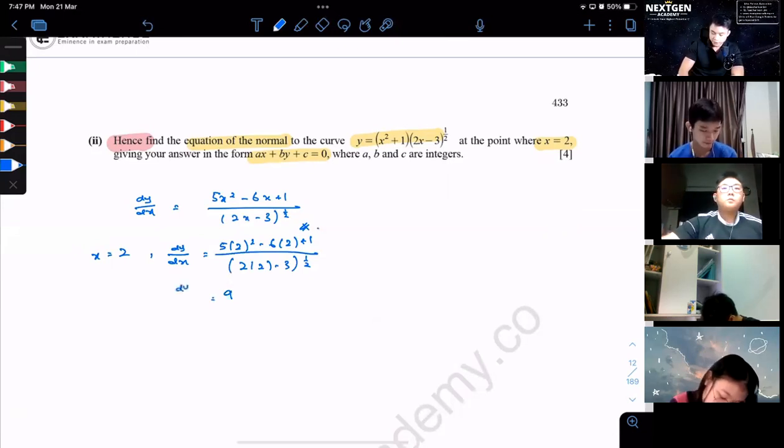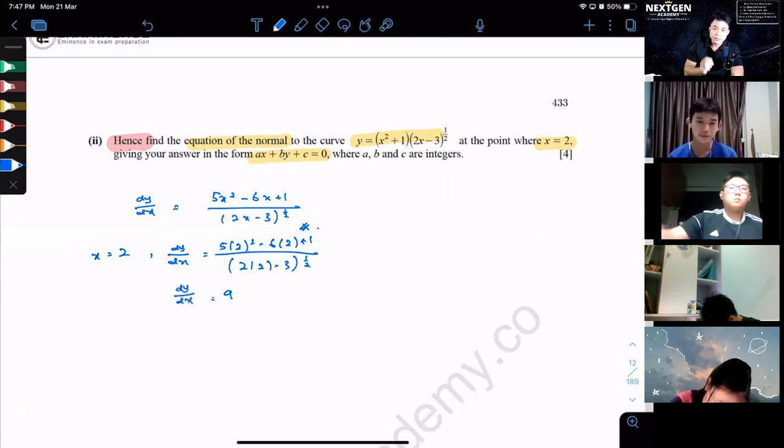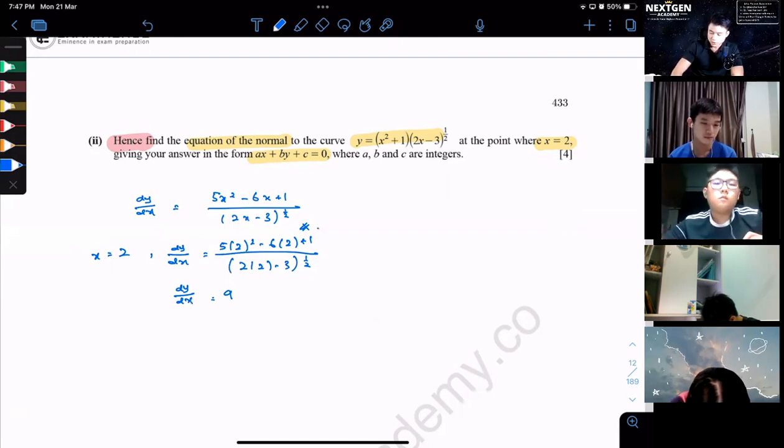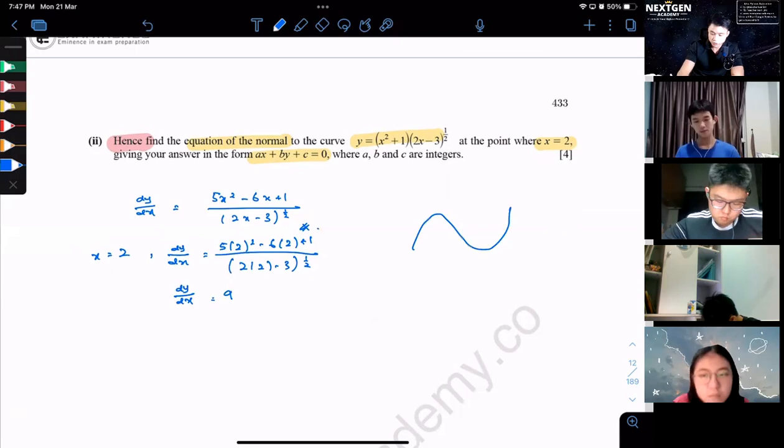By default, the dy dx that we find is the gradient of the tangent, not the gradient of the normal. It will always be the gradient of the tangent. What does it mean actually? Imagine this is a curve like this, and x equals to 2 maybe is around here.